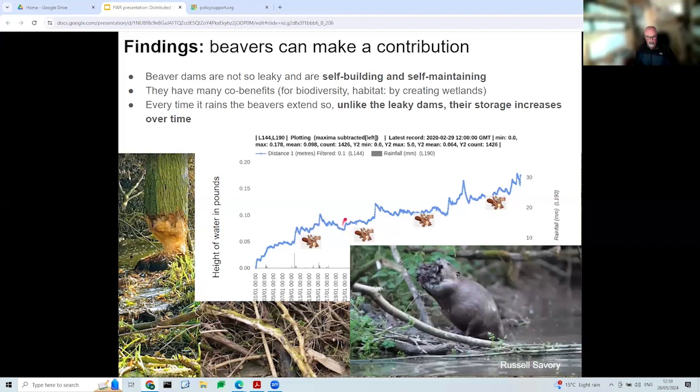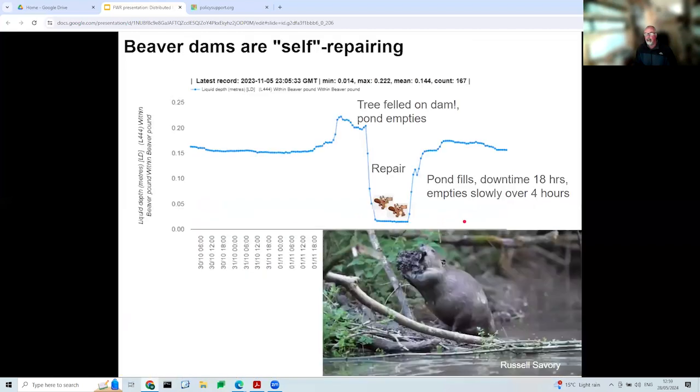And that was through individual events over a number of years. They're also self-repairing. So this is data from one of our level sensors in a beaver pond. And you can see this event last October, November, where the beavers indeed felled a tree by mistake, I guess, onto the dam, which then over 4 hours emptied.